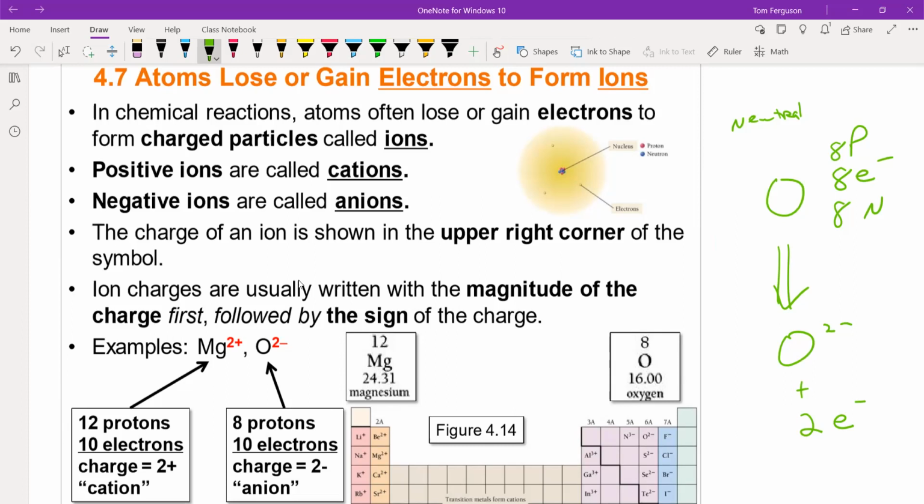Much more stable. Lots and lots of things like oxide. Our world has a lot of oxygen in the atmosphere, and that oxygen tends to form compounds with other elements.